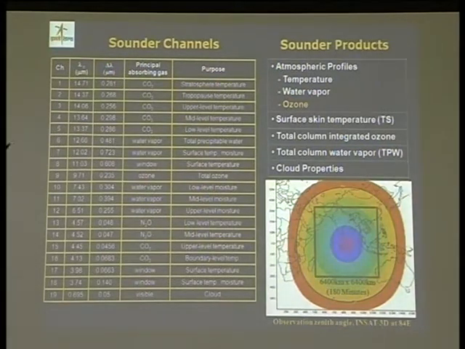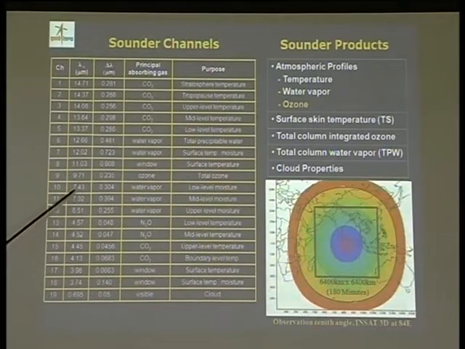So they are centered at these wavelengths, from 14 micron. This is the CO2 absorption band. This CO2 absorption band will give us the temperature information in the vertical temperature profile. And water vapor channels are here, from 7 to 6, and one more channel here because this is also sensitive to water vapor at the lower layer.